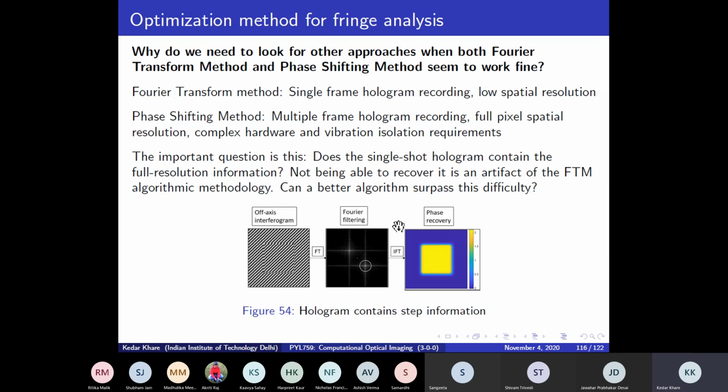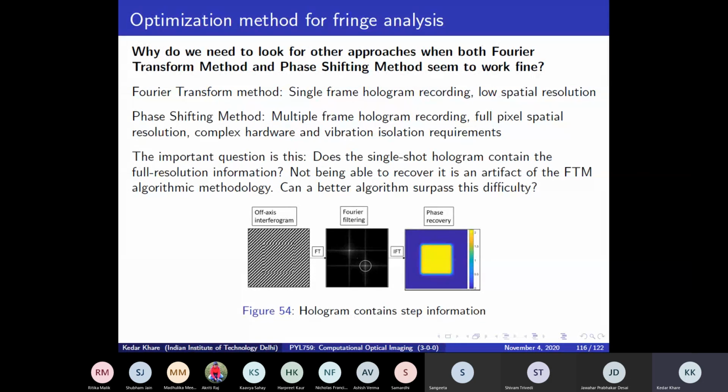Okay, but if I want to do filtering, what I see is that the size to which I can use the filter is limited. I can't go as close as I want to the DC term. And so if I pick any filter, what I will see is that although the interference pattern itself has a sharp discontinuity, suggesting a sharp edge there, what I recover as a phase is not as sharp, because it is blurred, since this operation was low pass filtering.